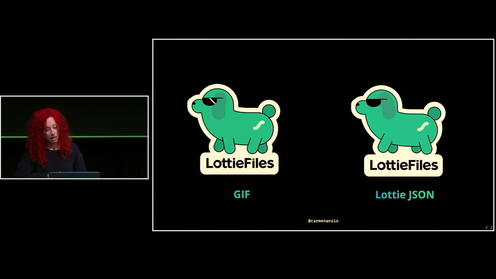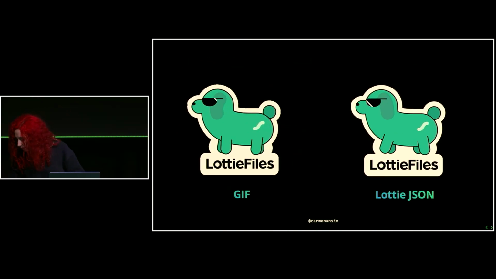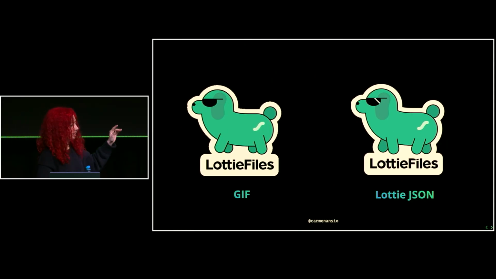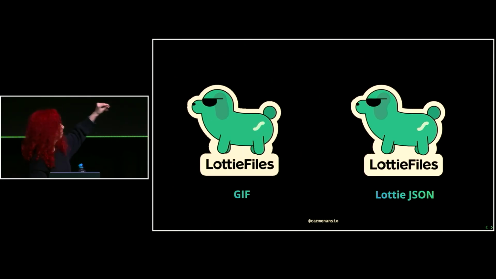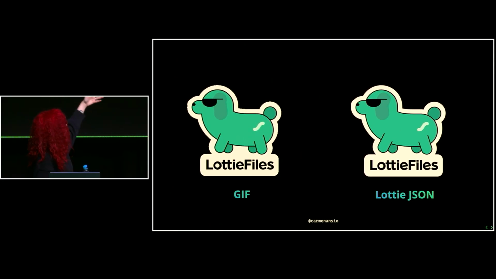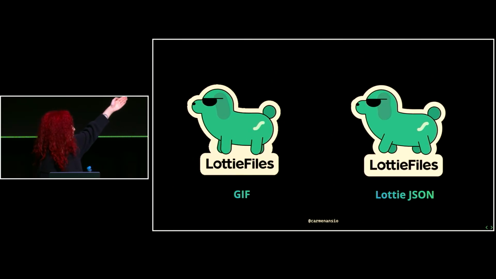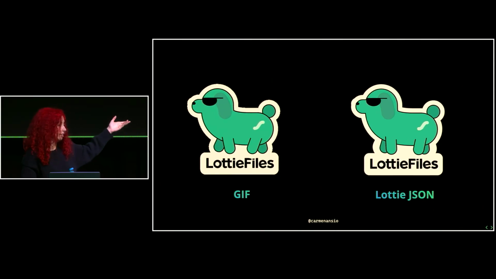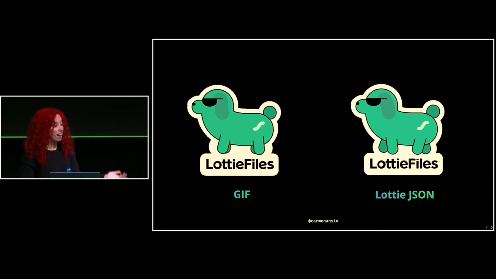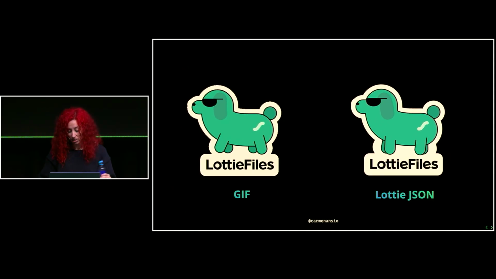I don't know if you can see the difference: the GIF one is not defined, it's not the quality. Because Lottie JSON is an SVG format, so it's scalable, and the compression and also the quality always look good on any device, at any size.